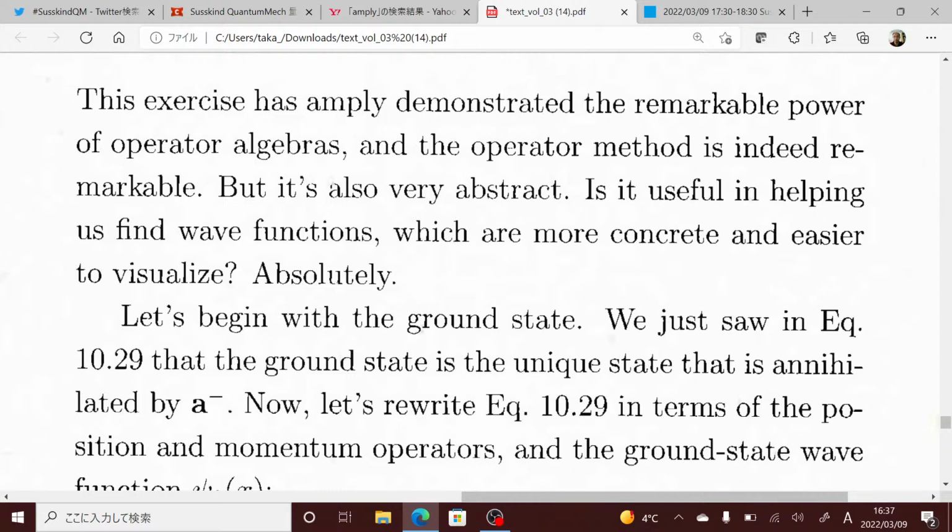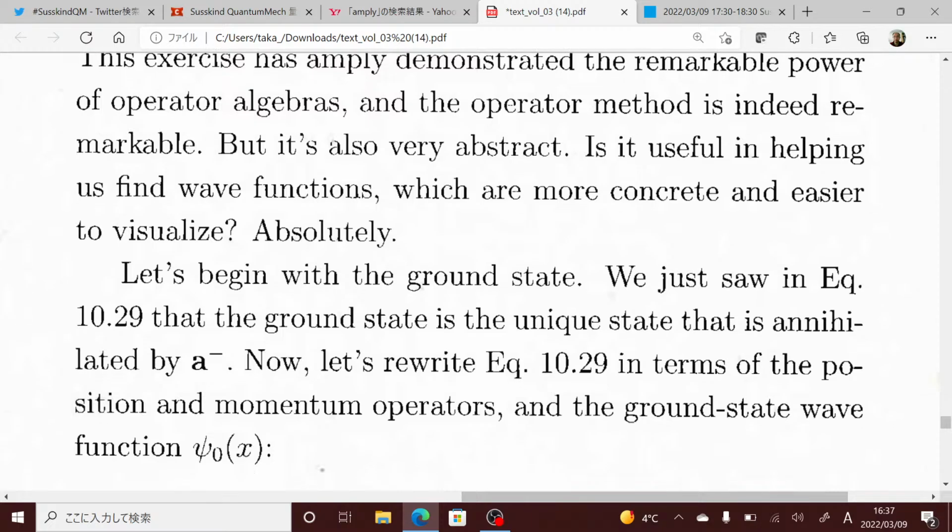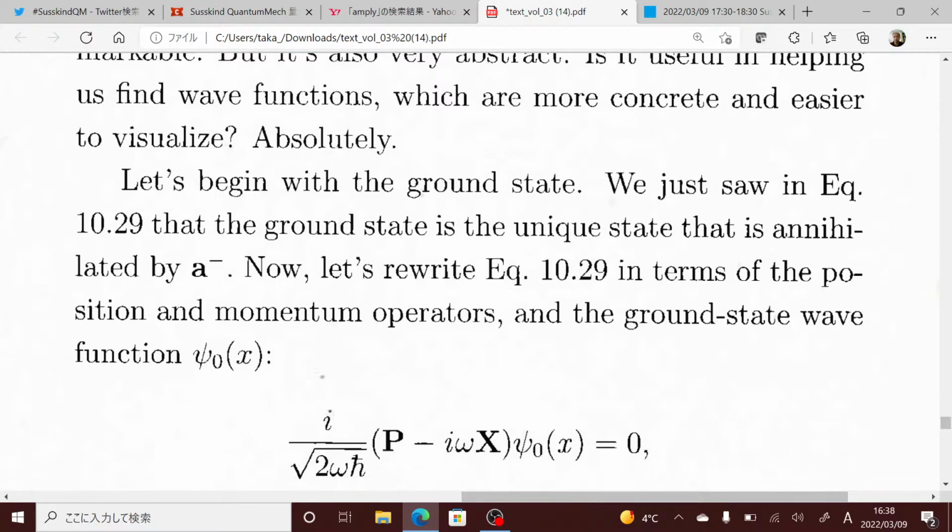So the wave function is more concrete and easier to visualize. Is it useful in helping us find wave functions which are more concrete and easier to visualize? Absolutely. Let's begin with the ground state.